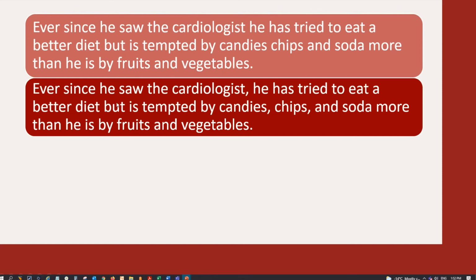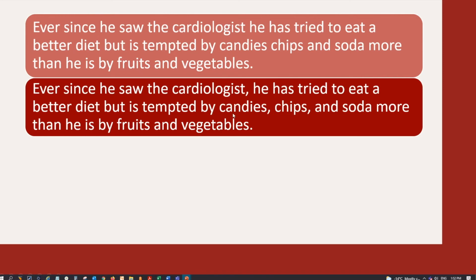Now, if we look at but, it does have a complete sentence before it, but is tempted by candies, chips, and soda more than he is by that. A sentence starting with is not a complete sentence. It's a fragment. So, but is not acting as a conjunction, so we're not going to put a comma before it, right? This tricks people all the time. So just remember that's not joining 2 complete sentences together. So we don't need that comma.